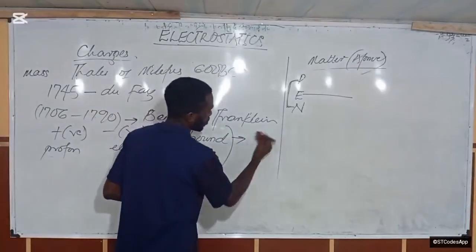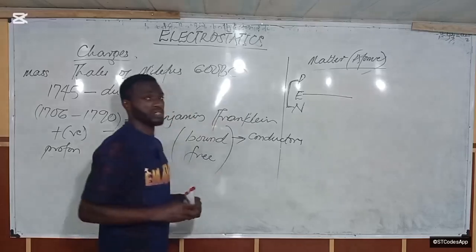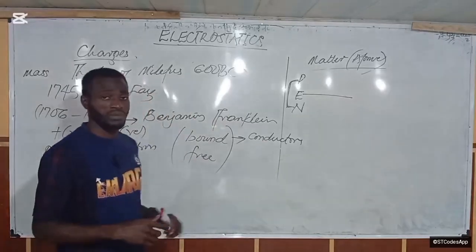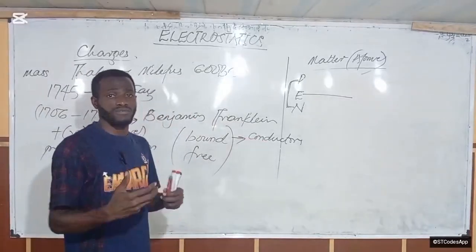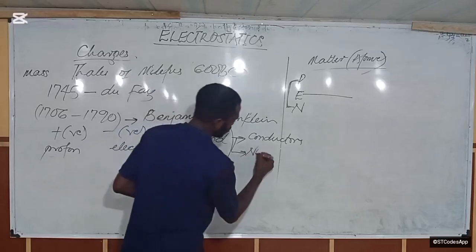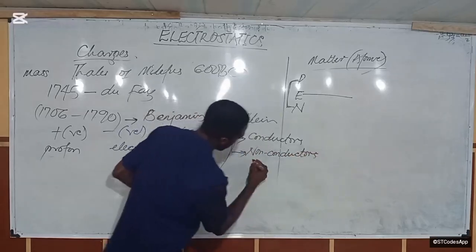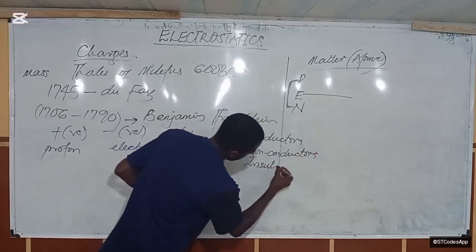So we had the conductors. Now, what were they conducting? They were the ones that, according to Benjamin Franklin, were able to conduct that fluid. And we had the ones that could not conduct, which we call the non-conductors or insulators.